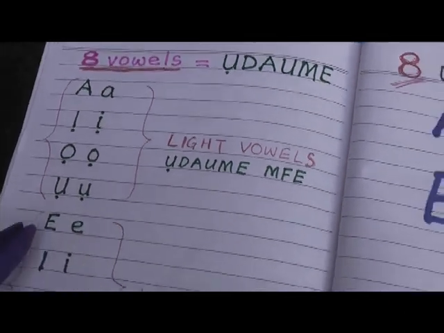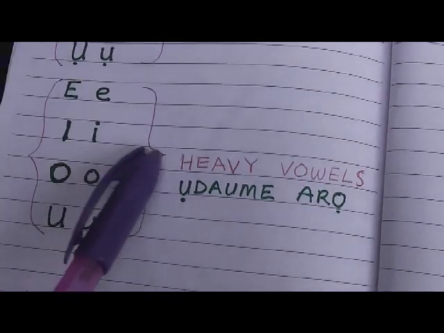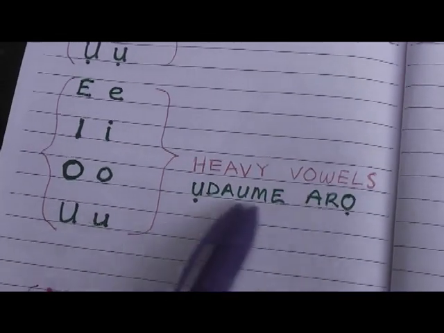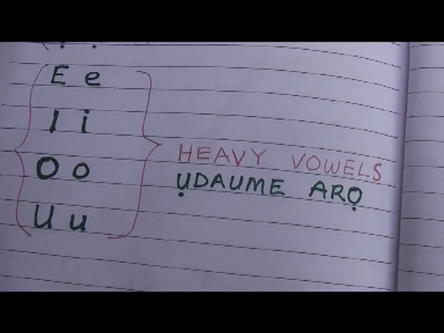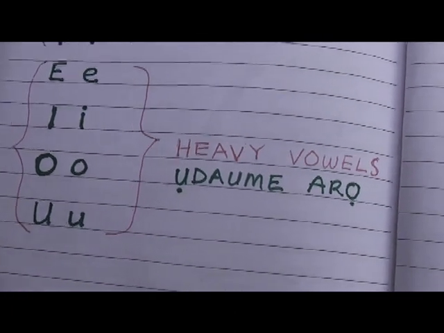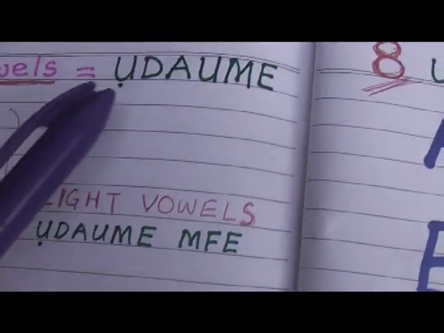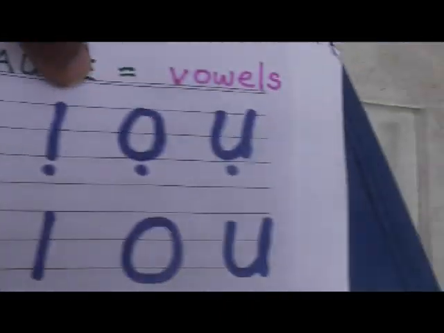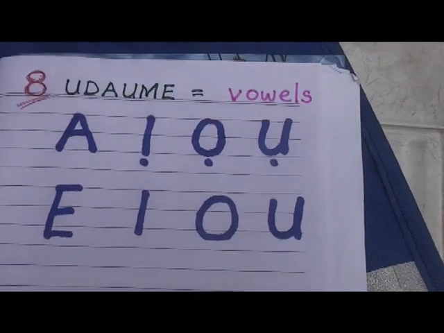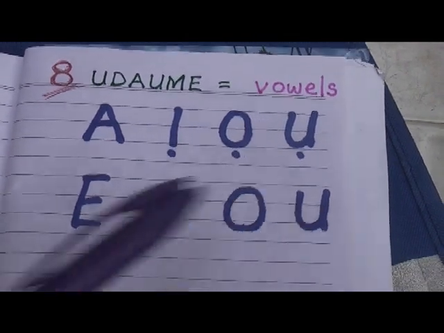Then you have A, E, O, U. You call them heavy vowels, or Oda Ume Aro. Know very well that in Igbo alphabet, ABIIDII Igbo, we have 8 vowels, and these 8 vowels are A, O, A, E, O, U.